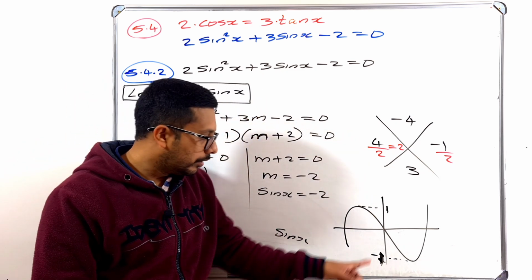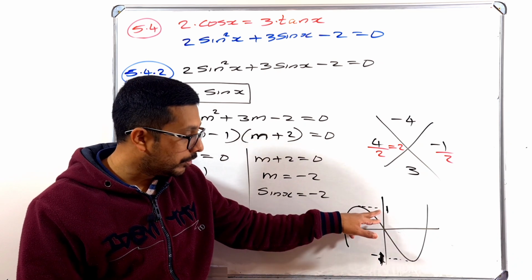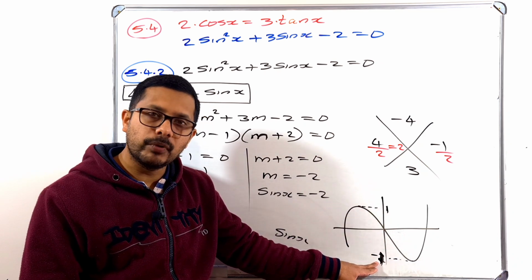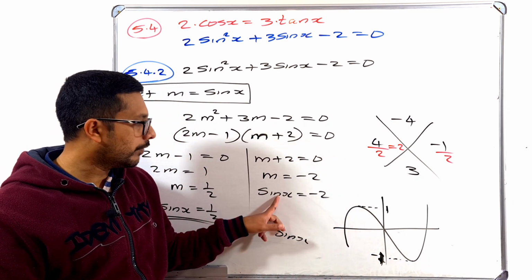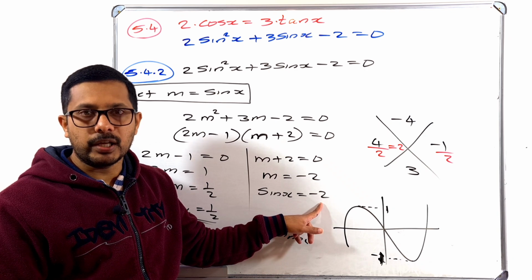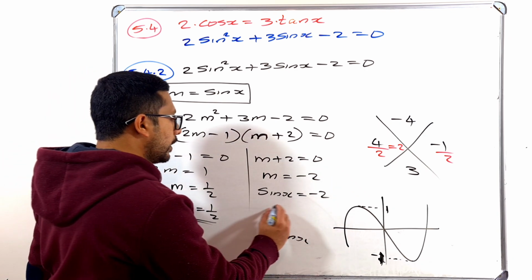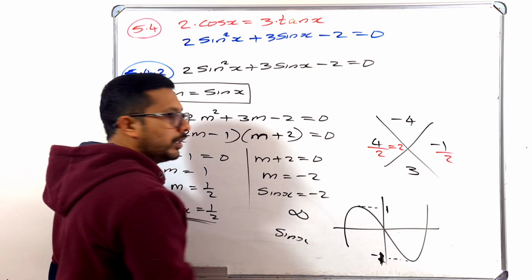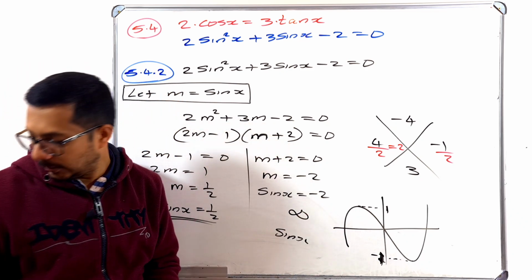So the maximum value of sine is positive 1 and the minimum value is minus 1 for a sine graph. Here the value of sine is minus 2. So you can't find a value for x. You understand? So you can write no solution there.